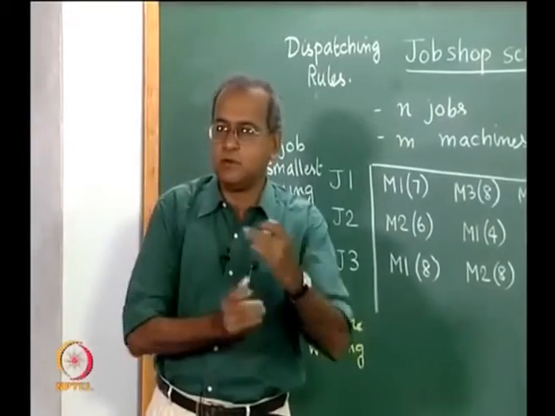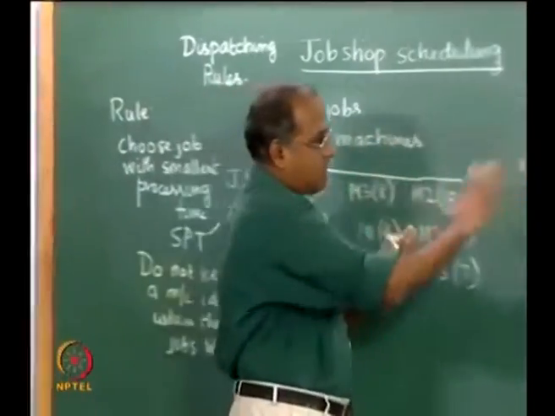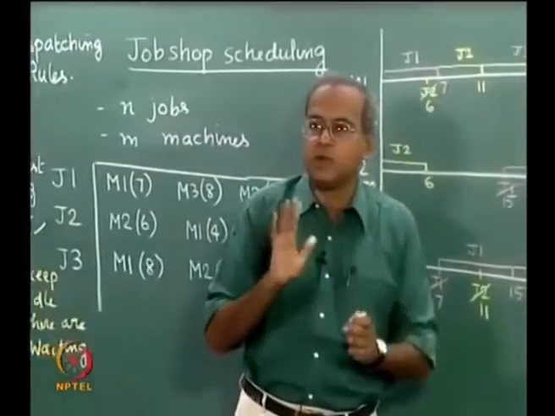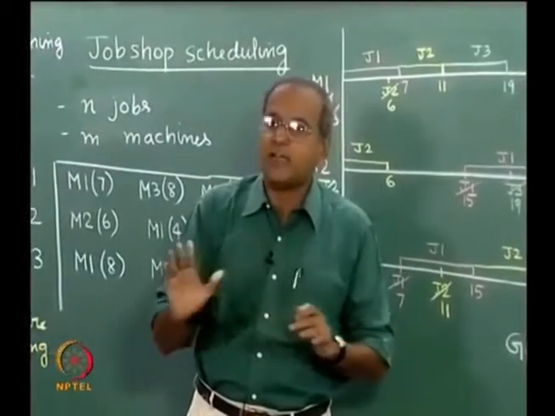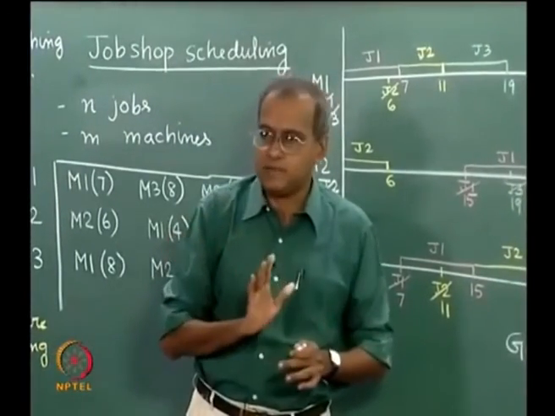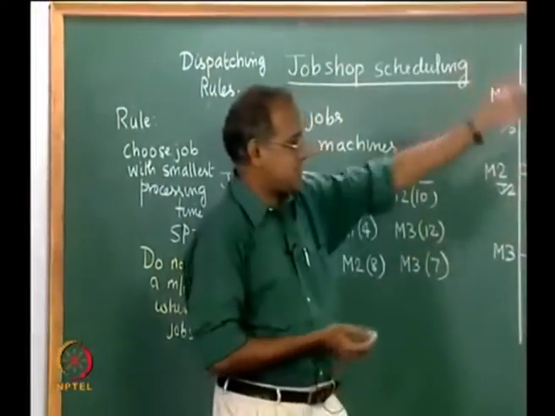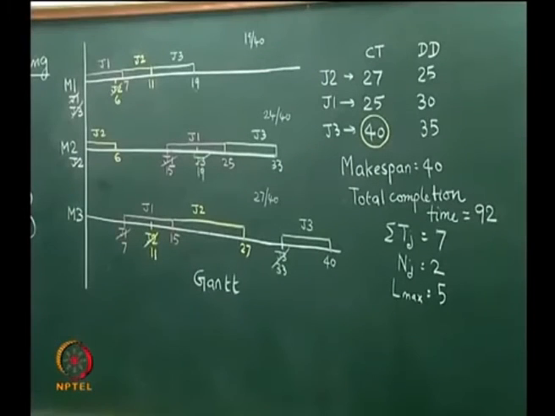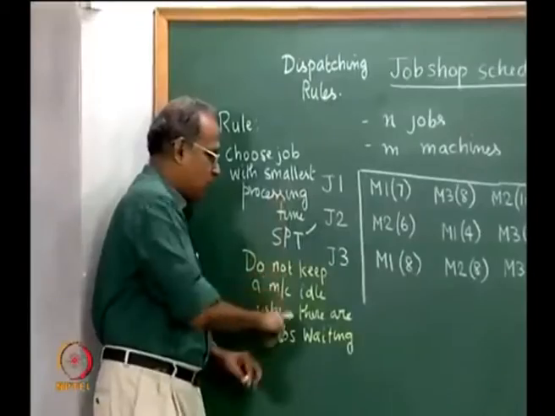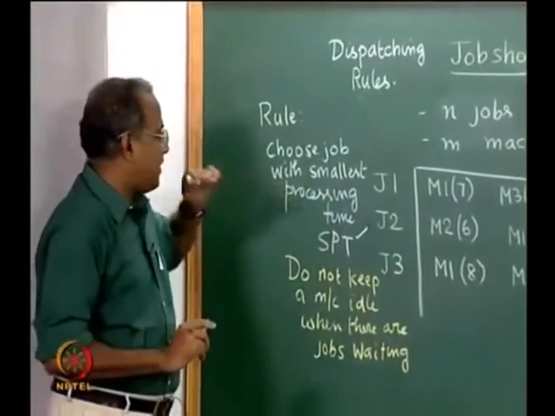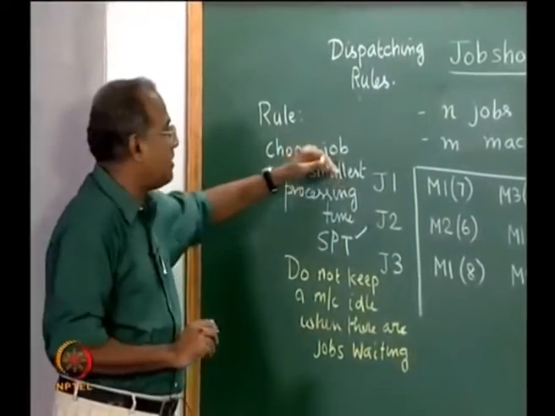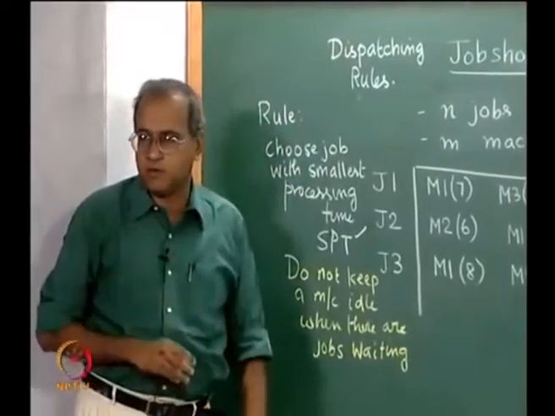Given a dispatching rule, we are now able to show pictorially how the schedules will look like, with absolutely no guarantee for optimality. If the dispatching rule changes, then this Gantt chart will also change. We also used two things consistently. The first thing was the rule, which we now defined as a dispatching rule.